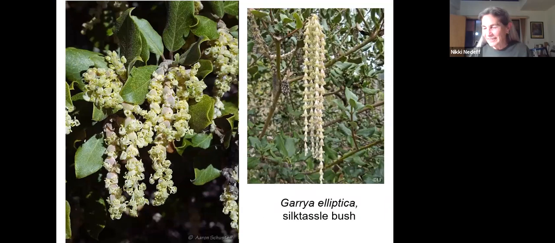I just bought one of these this weekend because it's so intriguing with these long catkins, these long dangly inflorescence shapes, these long dangly inflorescences. Now this is a plant that is dioecious.